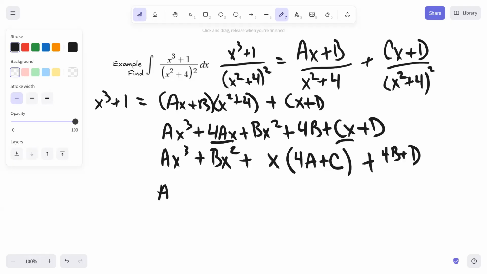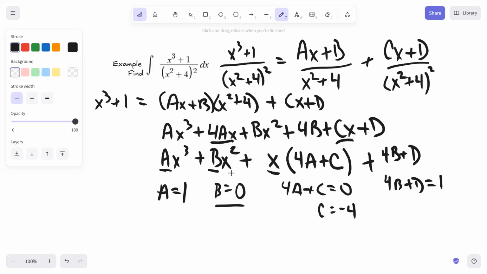Now a is going to be equal to 1. There is no x squared term, so b equals 0. There is no x term, so 4a plus c equals 0. If a is 1, then c has to equal negative 4. And then 4b plus d has to equal 1. If b is 0, then d is going to be 1.